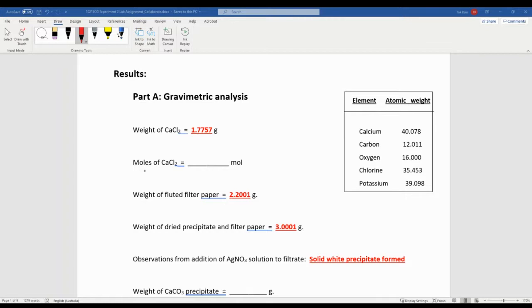Before we move on, the molar mass of calcium chloride should be, I'll just use 1 decimal place, but when you do your calculation, please use the 3 or 4 decimal numbers given over here. So it should be 40.1 plus, you have 2 chlorines over here, so 2 times 35.5.